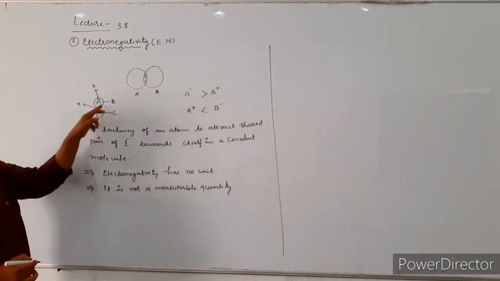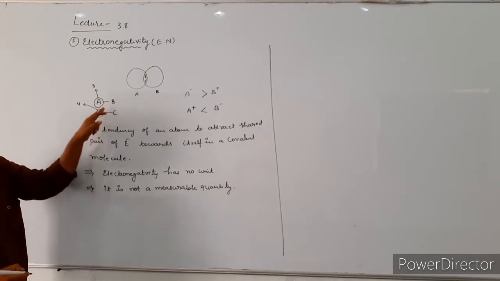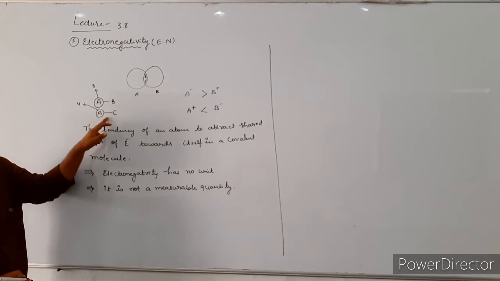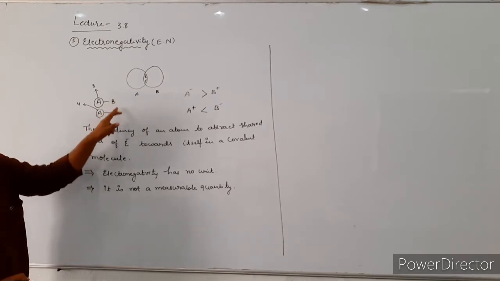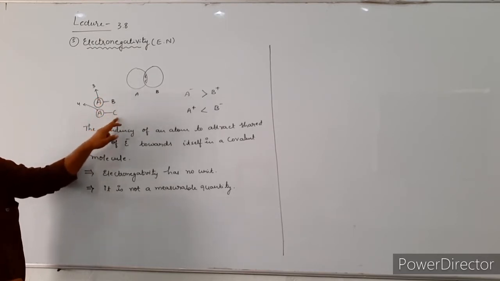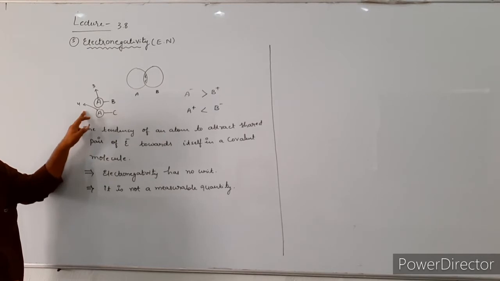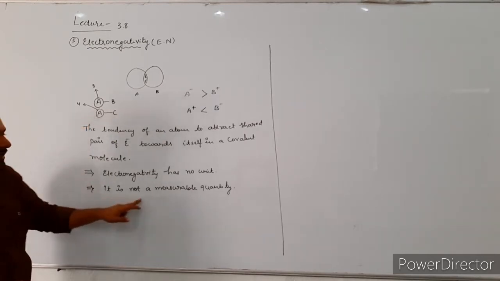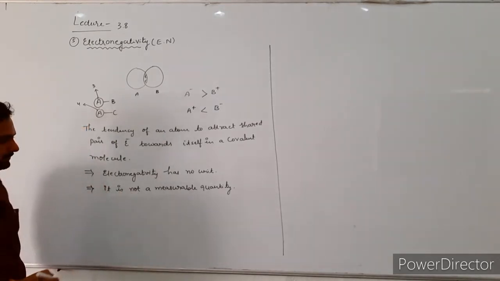See, the electronegativity of an element is not constant. The electronegativity of A depends upon the element to which it is bonded. If it is bonded with B, its value is 3. If A is bonded with C, its value is 4. So, it is not a measurable quantity.